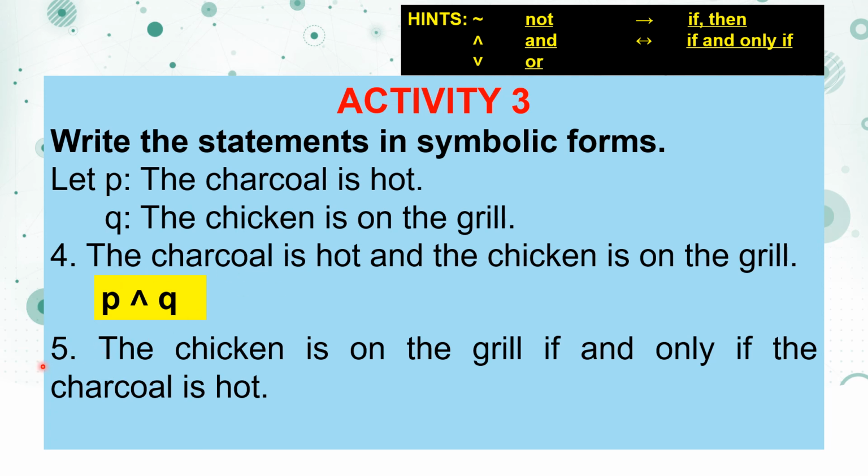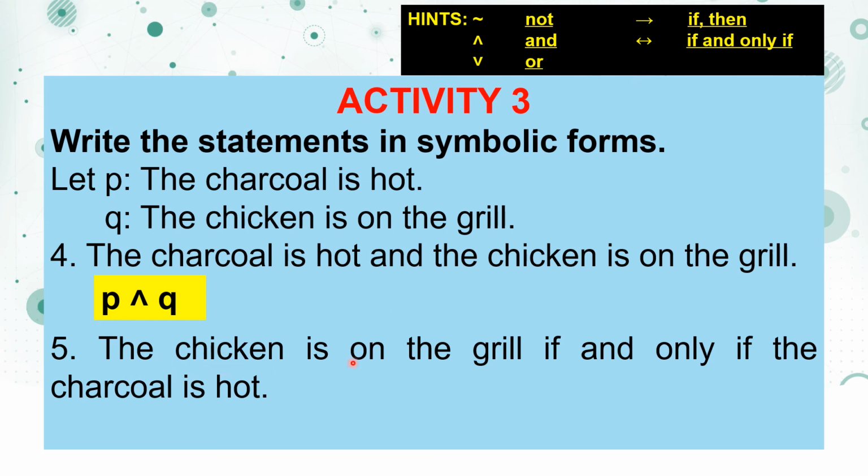So, P and Q is the symbol for this statement. Number 5. The chicken is on the grill if and only if the charcoal is hot. So, our keyword is if and only if. So the symbol for if and only if is this one. So we are going to use this symbol.